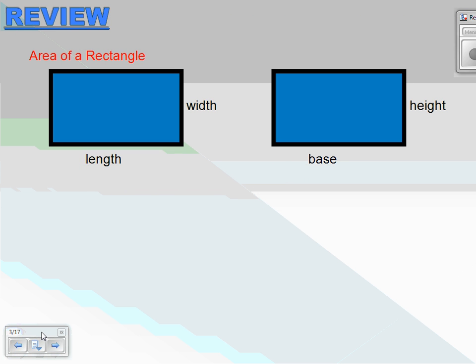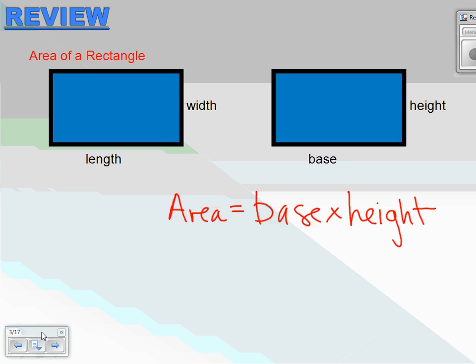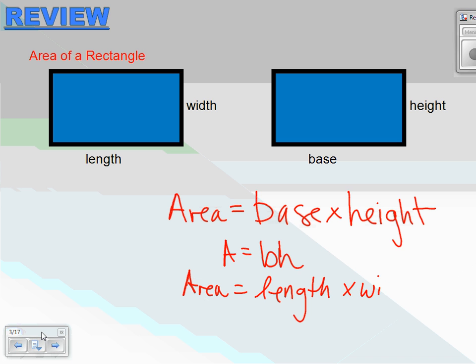If you guys don't recall, area of a rectangle is equal to base times height, or simply A equals BH, or area is equal to length times width, or simply A equals L times W.